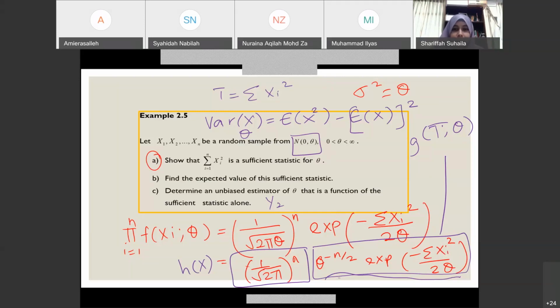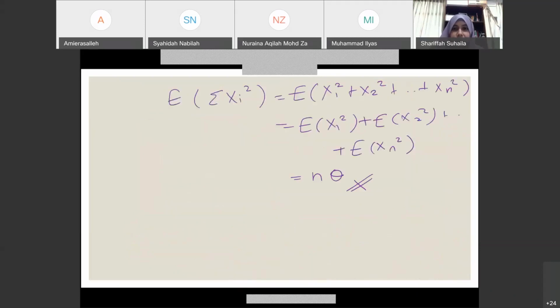Okay, then find the expected value again. Because we have normal, mean zero, variance theta, so mean zero, your mu equals 0, your sigma square equals theta. So you want to find the expected value of summation Xi square, so X1 square and so on. How do we get this one? Because variance of X equals theta.